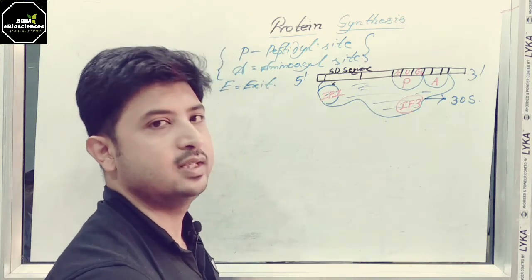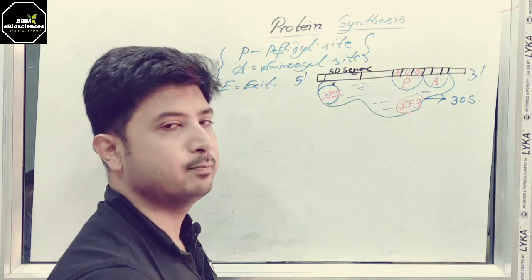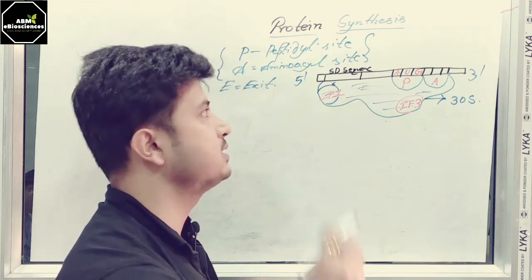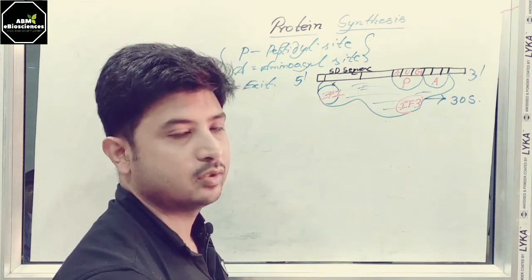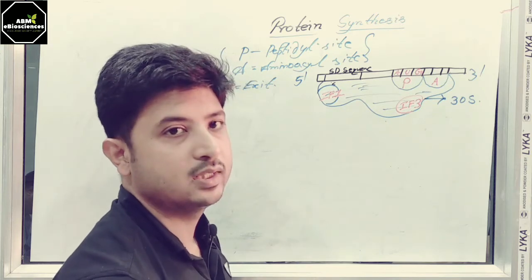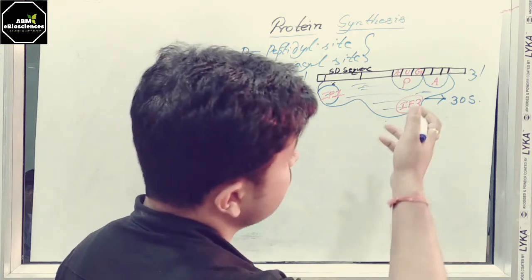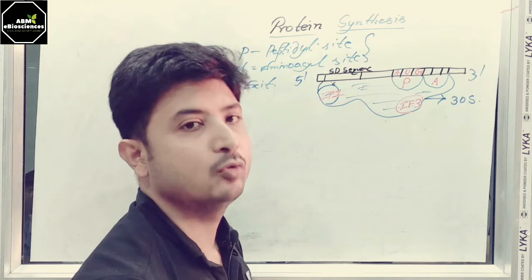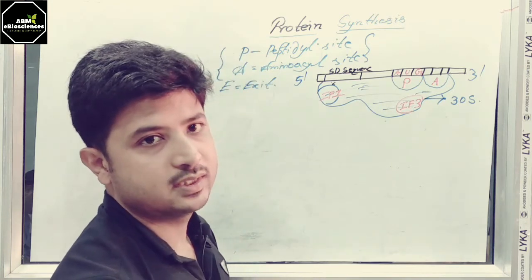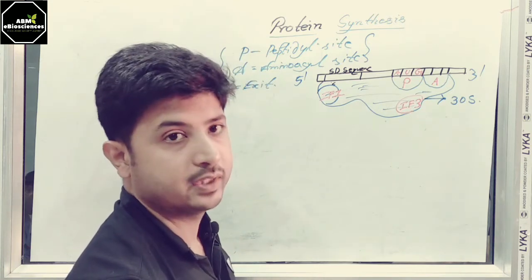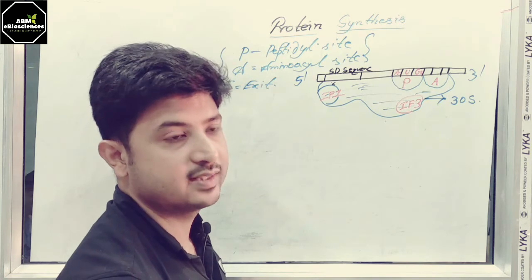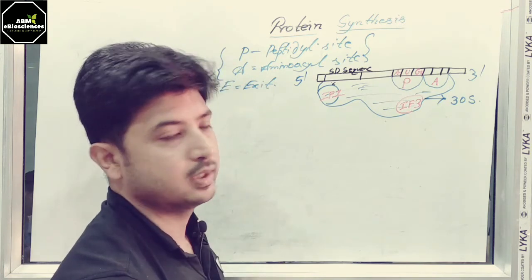Means the first initiator tRNA, that is tRNA F-met, will bind to the P site. The next amino acids in the line will bind to the A site. It will never go to the P site. So this is the important thing you should remember, that the P site is for once only.